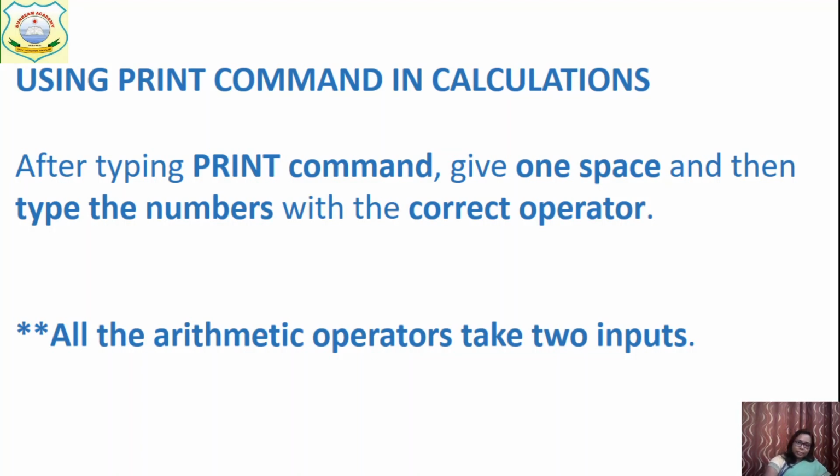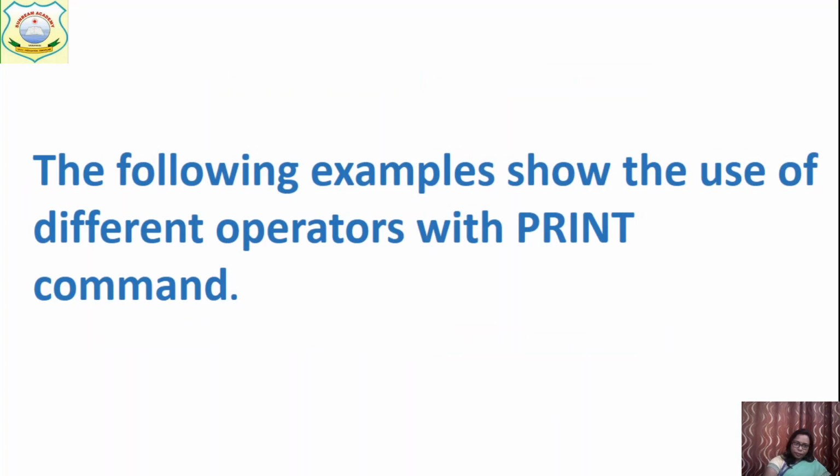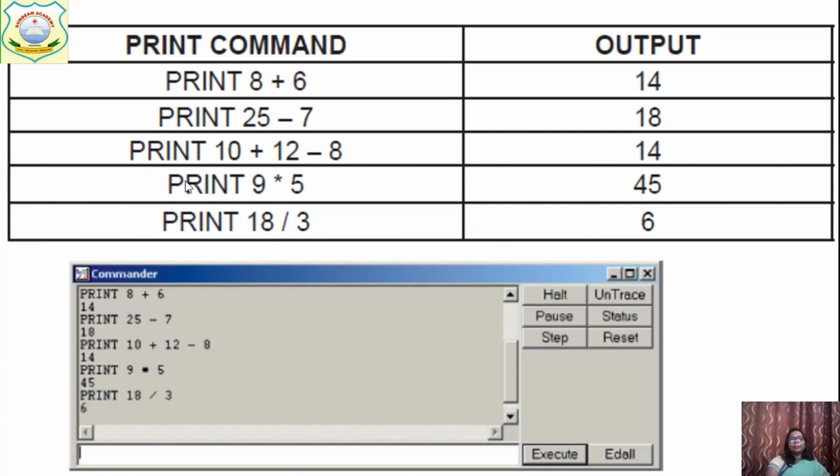Just see the example. Print 8 plus 6, print 25 minus 7, print 10 plus 2. Print command, then space, then first number, mathematical operator, second number. You will get the output as 14.